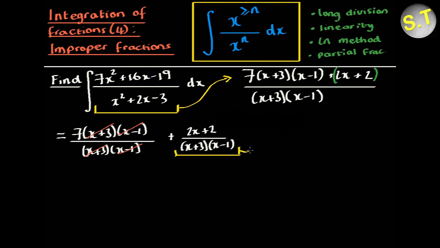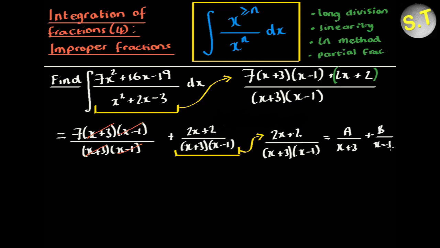So if we just focus on this part again, from partial fractions, we know that we can split up one fraction where 2 things are multiplied on the denominator into 2 separate fractions, where in this example we just need to calculate the constants a and b.